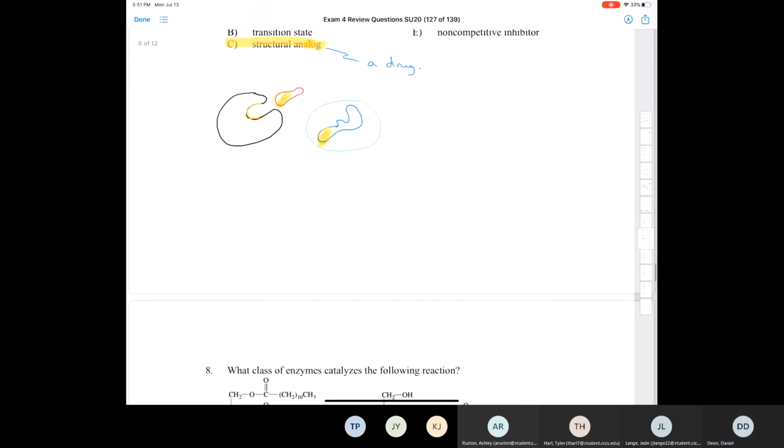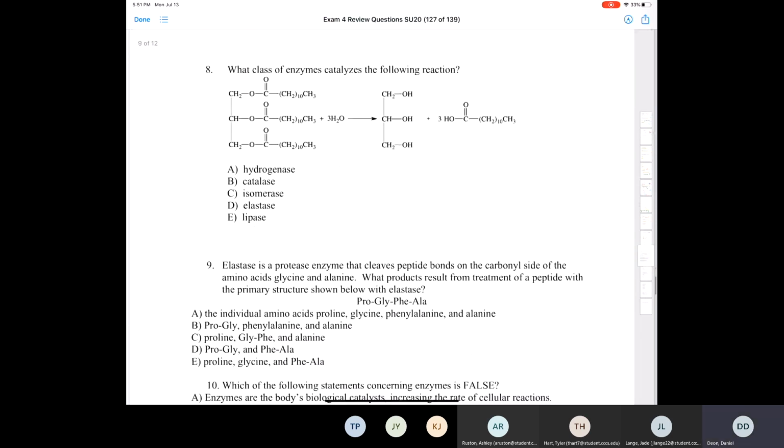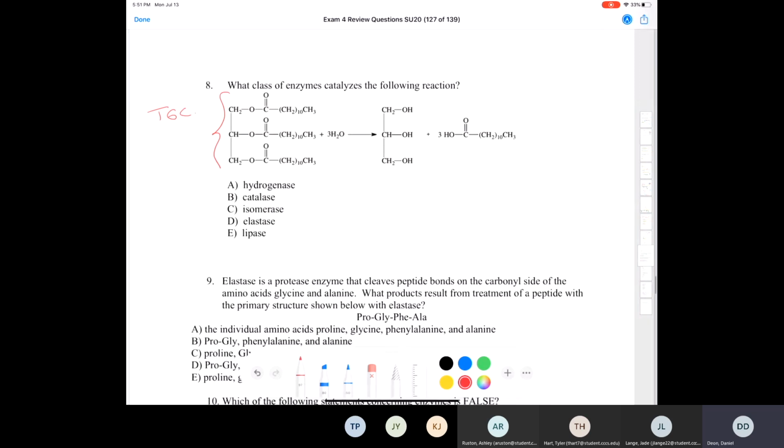Number 8. What class of enzymes catalyzes the following reaction? Well, you don't really have to know a ton about enzymes to see that this molecule right here is a TGC. This is a triglyceride.